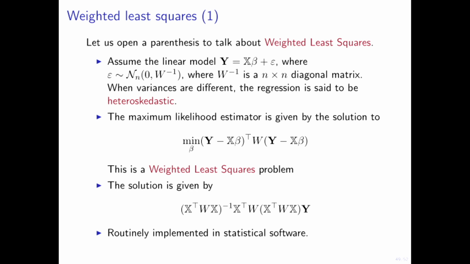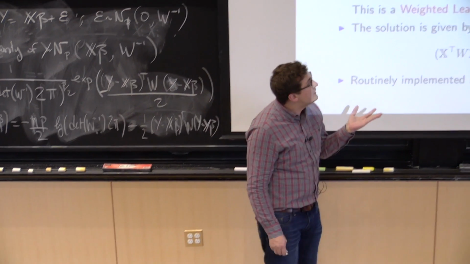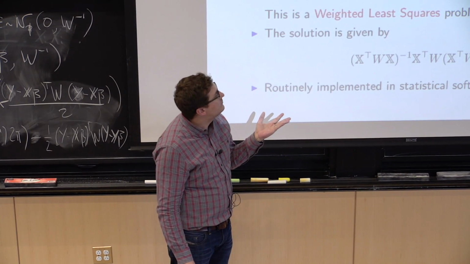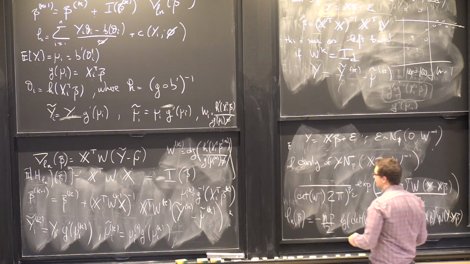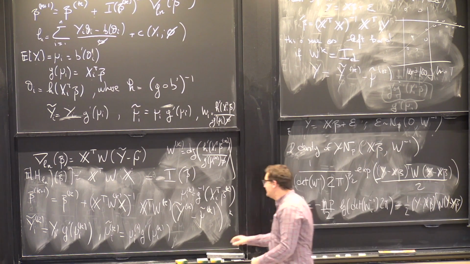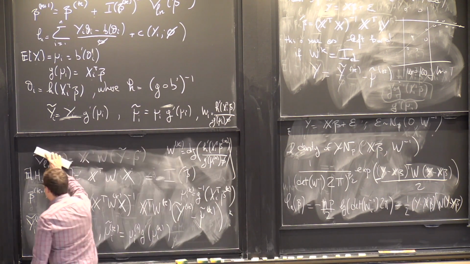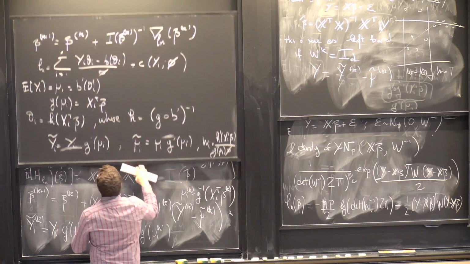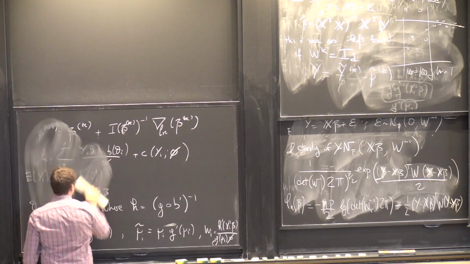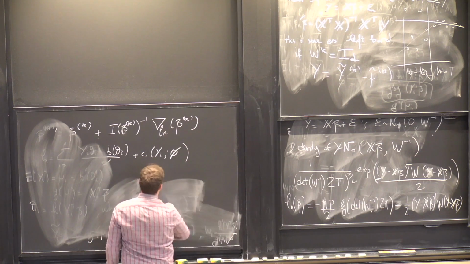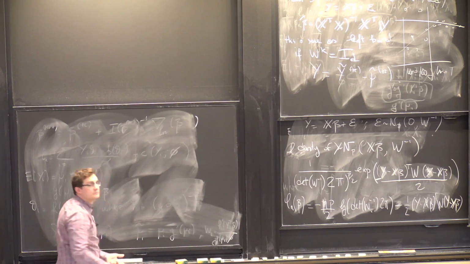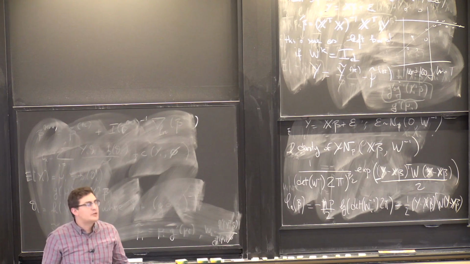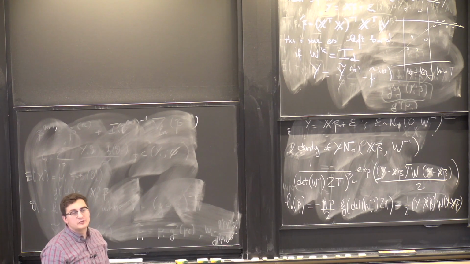The solution that you get, you can actually check this for yourself. If you're lazy and you don't want to redo the entire thing, here is a way to see it. W is diagonal, I'm going to assume that, so W inverse is diagonal.